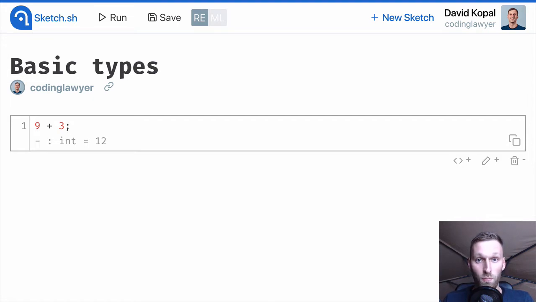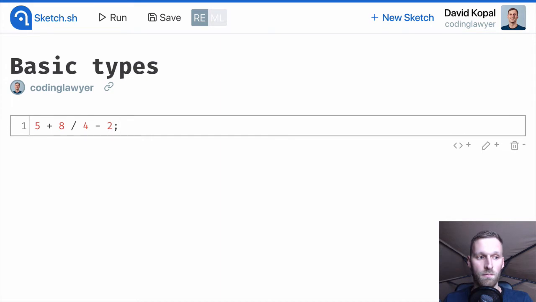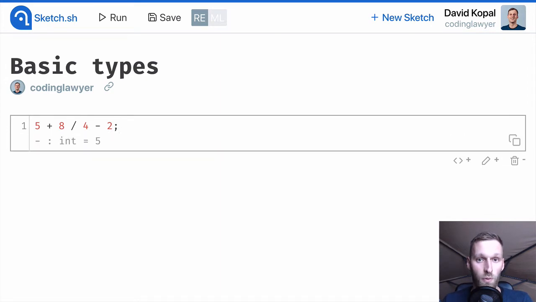Now, let's use more operators. Now, we get 5, because Reason follows the usual priority rules in arithmetic expressions. And since division takes priority over addition, the result will be 5.